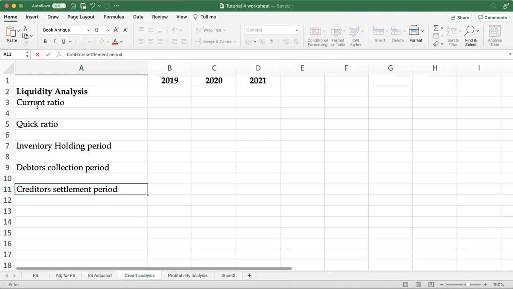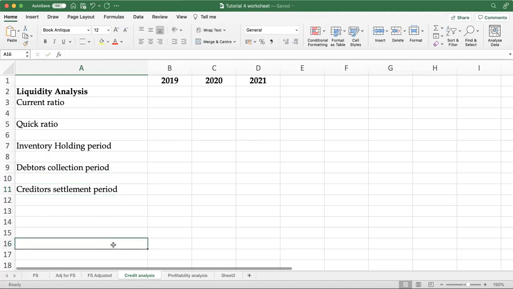So you can analyze these liquidity ratios.